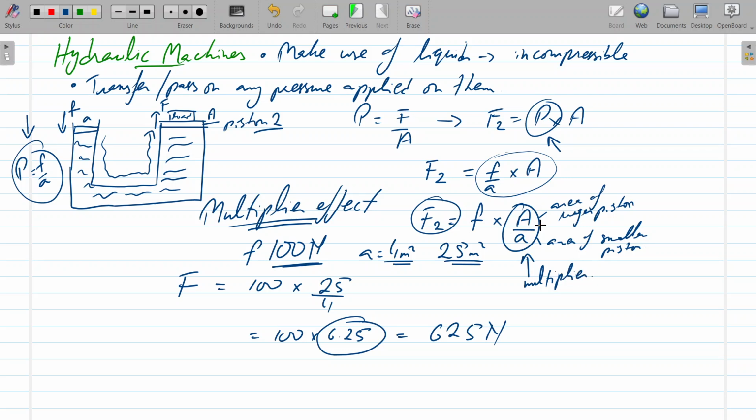Because whatever the result of this is, it's obviously going to be greater than 1, because the area of piston 2 is more than the area of piston 1. If the denominator is smaller than the numerator, your answer is going to be greater than 1, like we had over here, 6.25. And that will multiply with the force that you put in at the small piston. So by putting in 100 newtons, you're getting 625 newtons to lift the load.